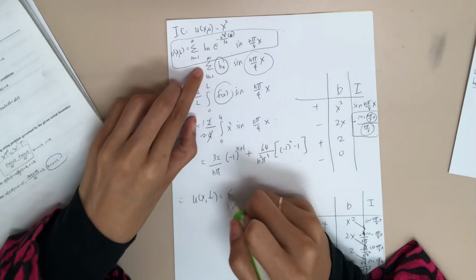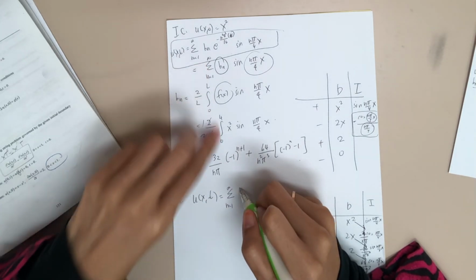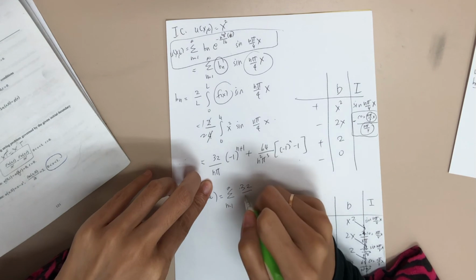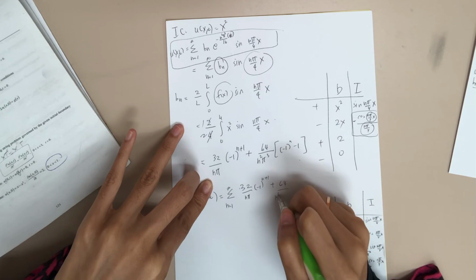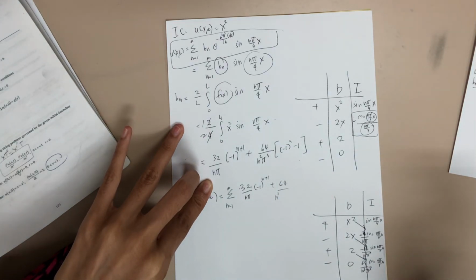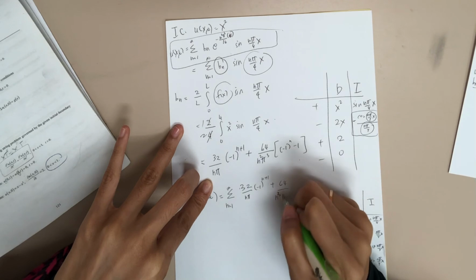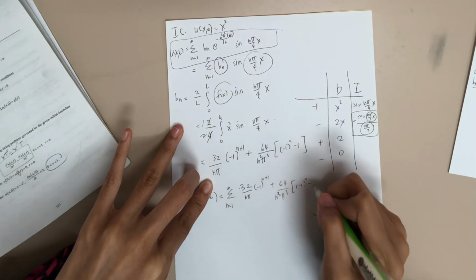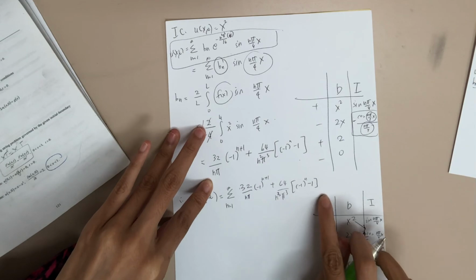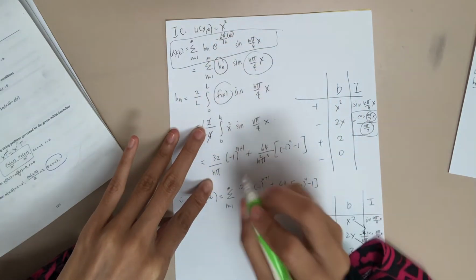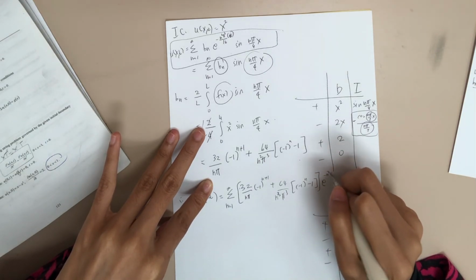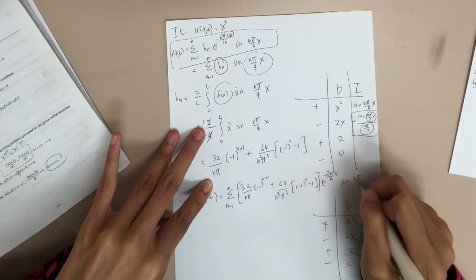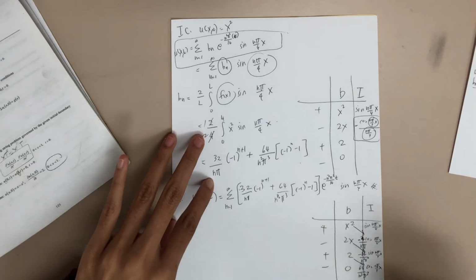So the sum from n = 1 to infinity of b_n: copy b_n back, 32 over nπ (-1)^(n+1) plus 64 over n³π³ ((-1)^n - 1), put in brackets, and then e^(-n²π²t/16) sin(nπx/4).